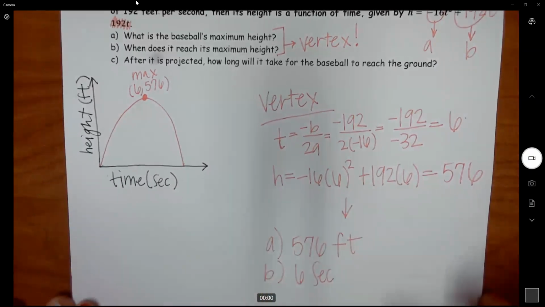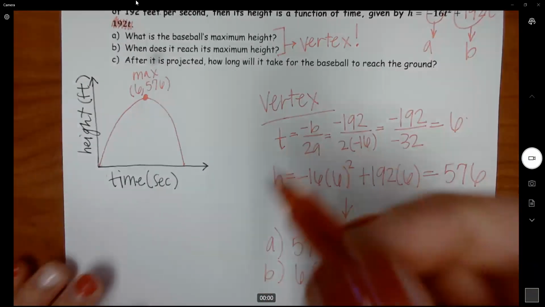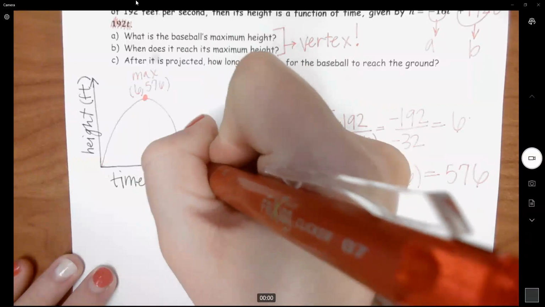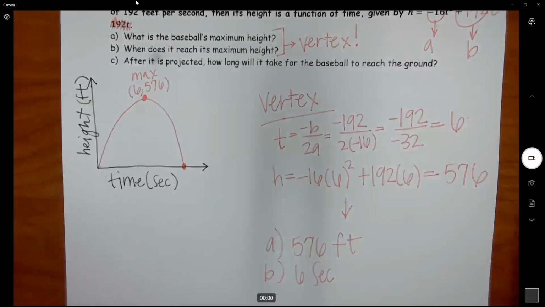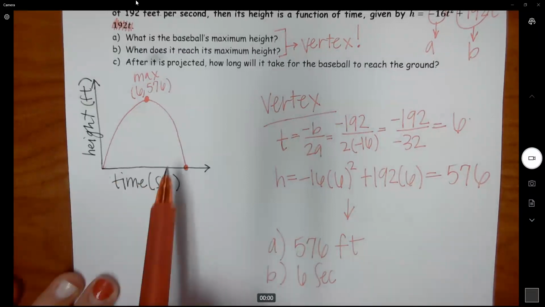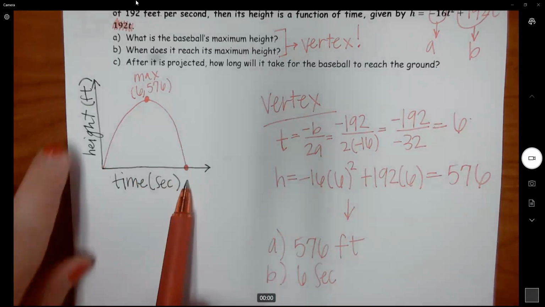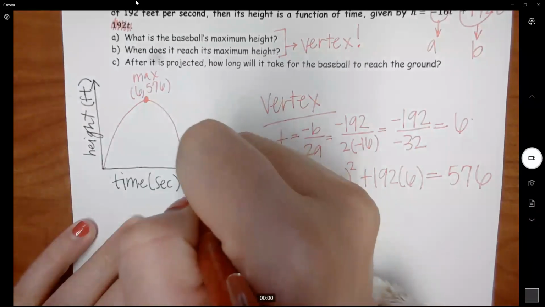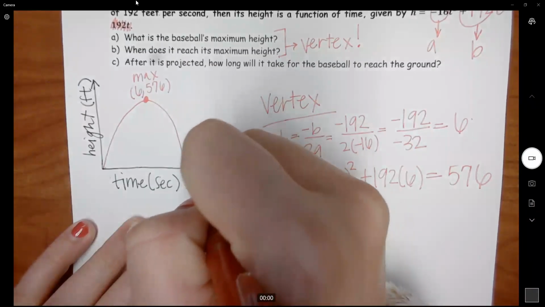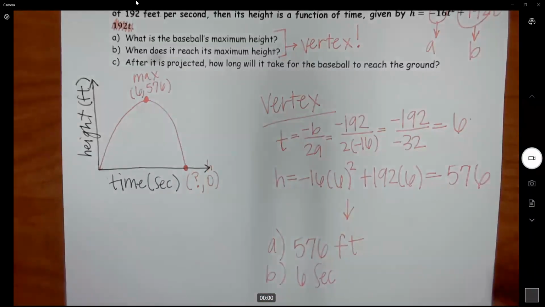So now part C wants to know, how long will it take for the baseball to reach the ground? That's right here. At this point, I don't know what the time is, but I do know that my height is 0.